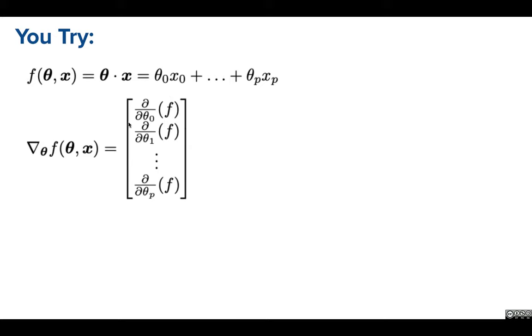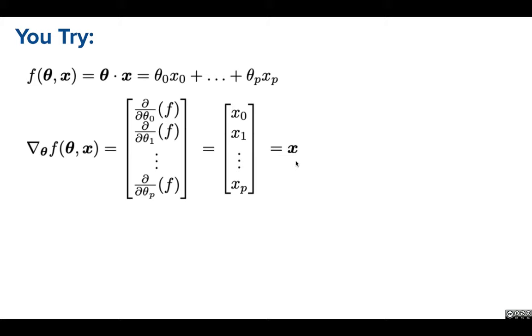The first partial derivative is x sub 0, because all the other terms do not have theta sub 0. The second is x sub 1, the third is x sub 2, and so on until the last term. We get a vector after taking the partial derivatives and stacking them together, and you may notice that this vector is simply the vector x.